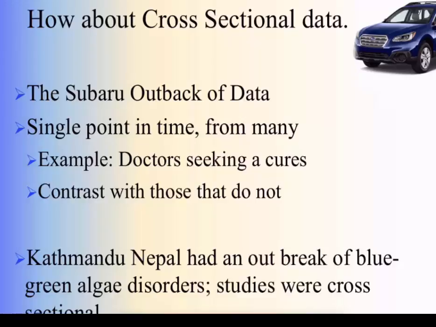I was recently reading about a study done in Kathmandu about the outbreak of something like a blue-green allergy disorder. In order to figure out what was causing it and how to treat it, cross-sectional data was really useful. You didn't necessarily need longitudinal data in a situation like that. So it depends on what you're doing, but cross-sectional data is also very useful.